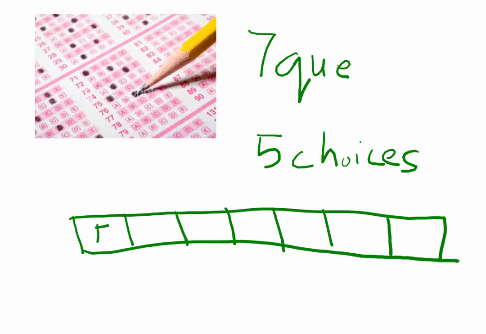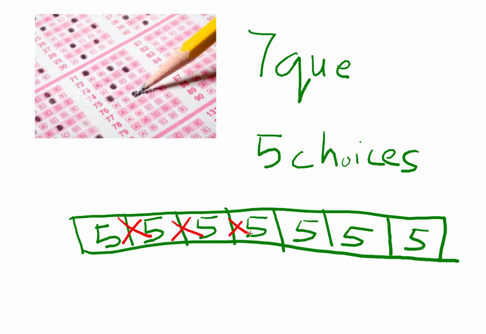I can select A, B, C, D, or E. Again, and again, because each has 5 choices, and then I just have to multiply all these numbers, and I will get 5 to the power of 7.